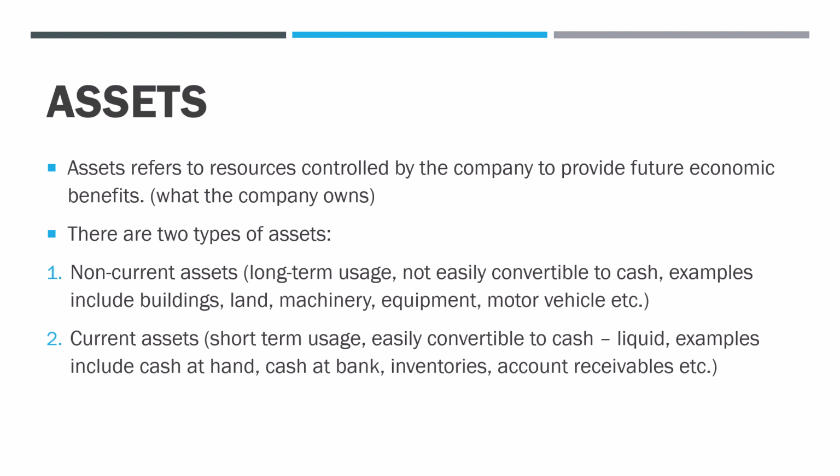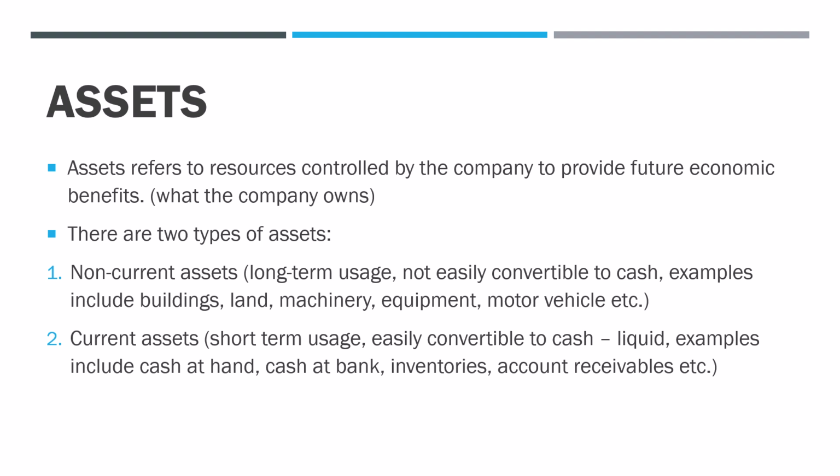Think of the big important things a business needs to operate over many years. For examples, a building, the land the building sits on, the machinery used in production, equipment, and company motor vehicles. These are things you don't plan to sell quickly.